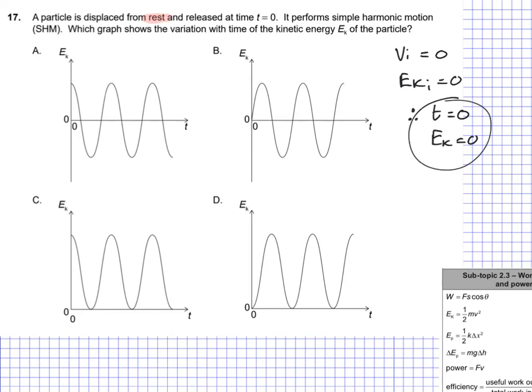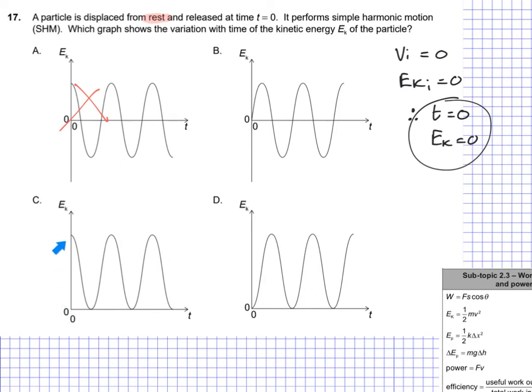We can look for that on the graph. Graph A at time 0 does not have kinetic energy of 0, so it's not going to be A. At time 0, yes, B does have that, so it could be B.